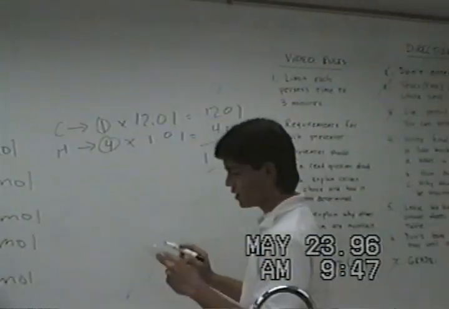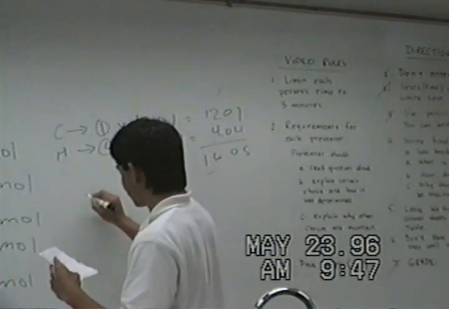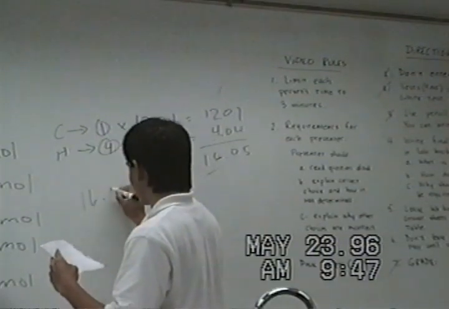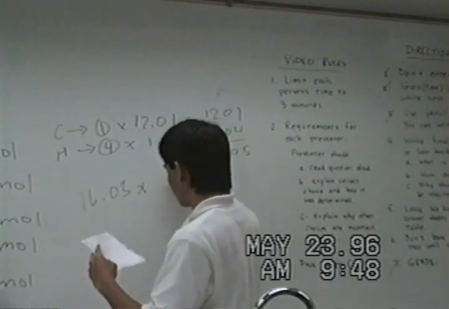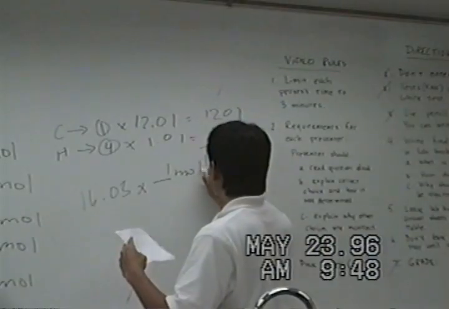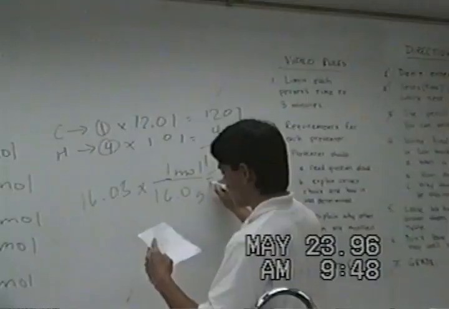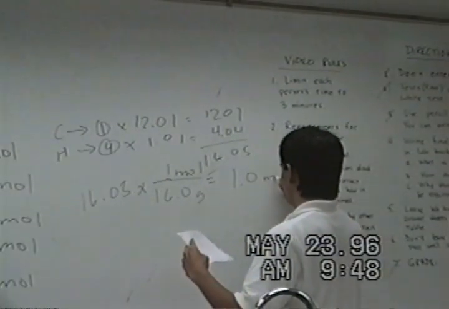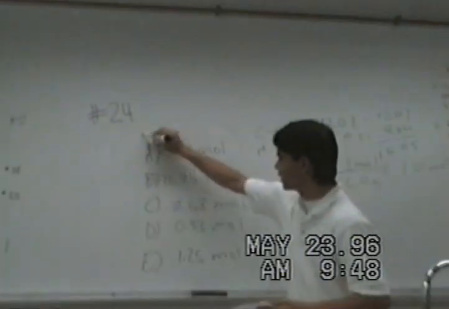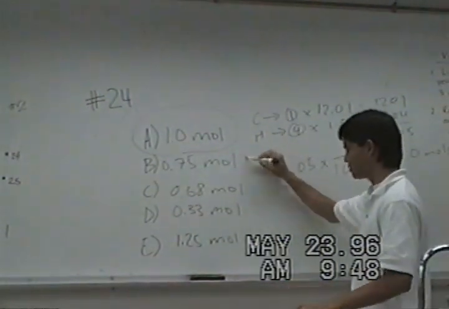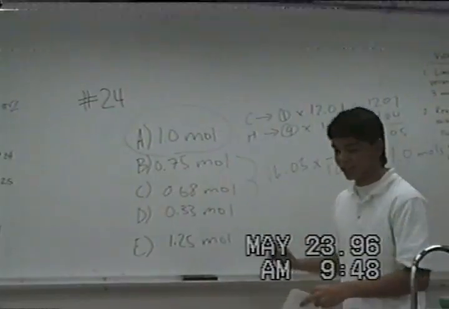And when you do the calculation, it's 16.05 grams times 1 mole over 16 grams, which equals 1.0 moles, which the answer is A, and it eliminates the possibility of the others being correct answers.